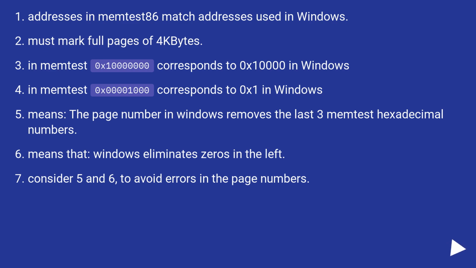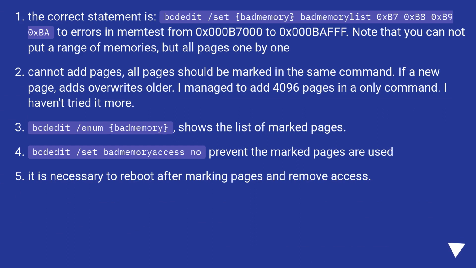Consider 5 and 6, to avoid errors in the page numbers. The correct statement is /set badmemorylist 0xb7 0xb8 0xb9 0xba, for errors in MemTest from 0x000b7000 to 0x000bafff.